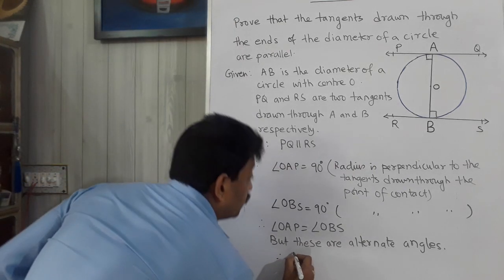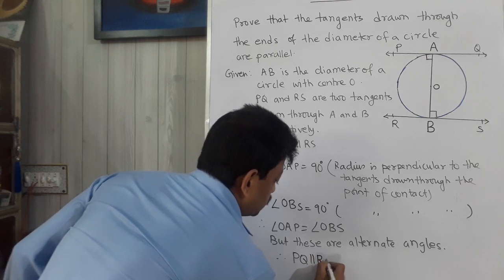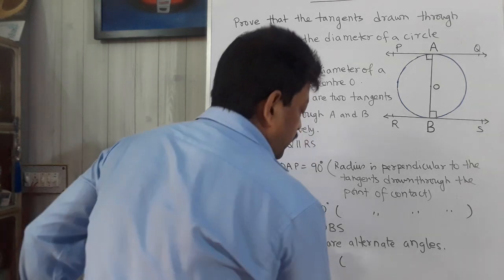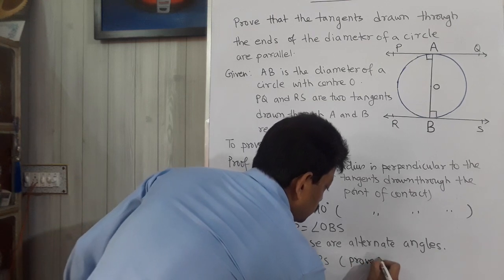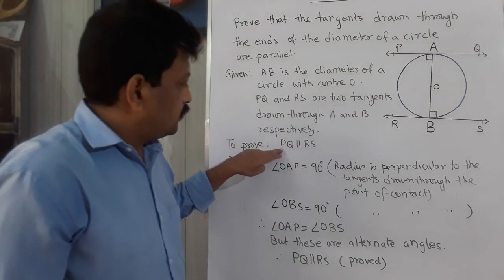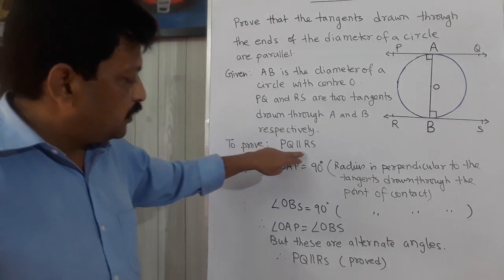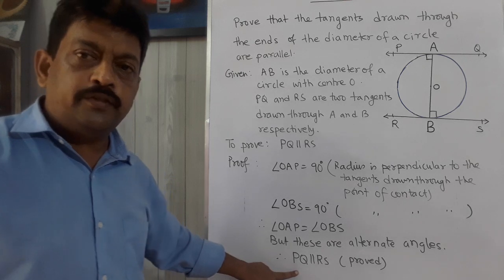Therefore, we can say PQ is parallel to RS by the alternate angle axiom. So it is proved. The question was to prove PQ is parallel to RS, and here is the proof. Hope you have understood, all of you.